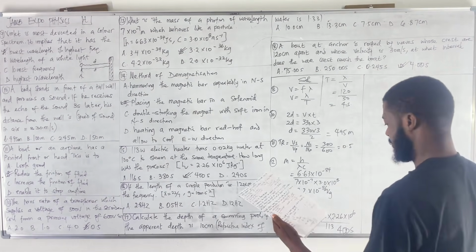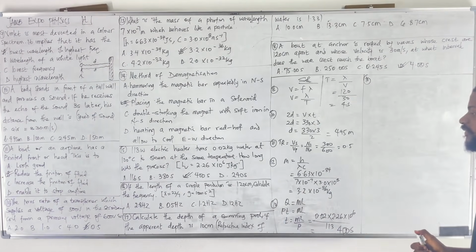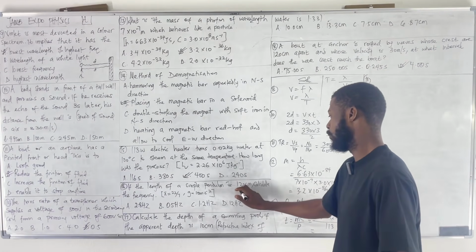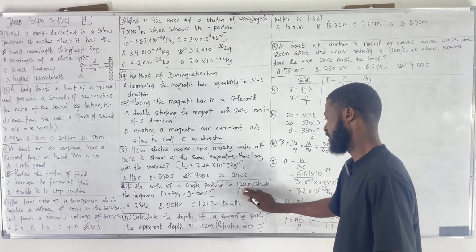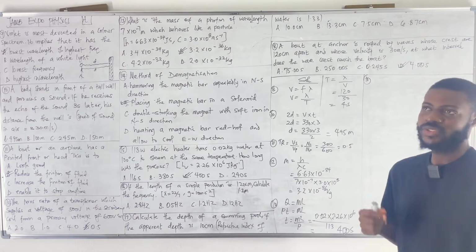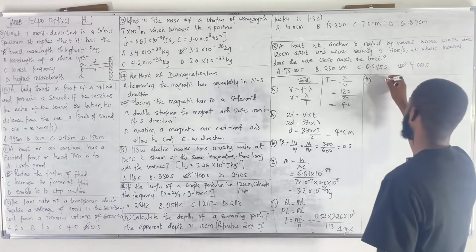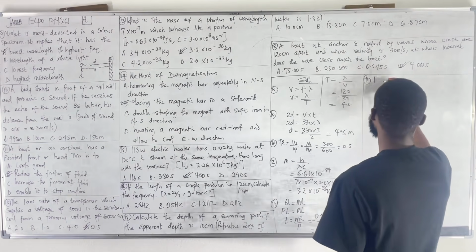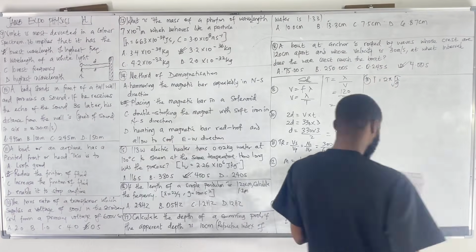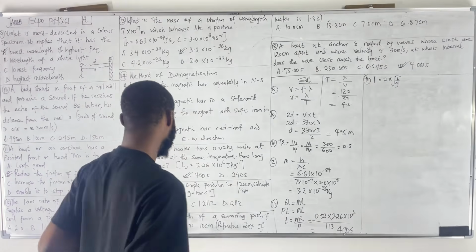All right, the next one should be number 16. If the length of a simple pendulum is 120 cm, let's convert this first. This will be 1.2 meters. Calculate its frequency. To start with, let's find the period. Remember that T is equal to 2 pi times the square root of L over g. That's the formula for period.